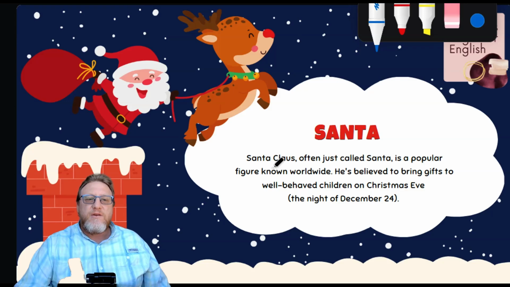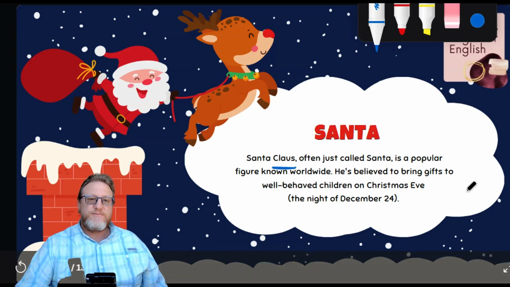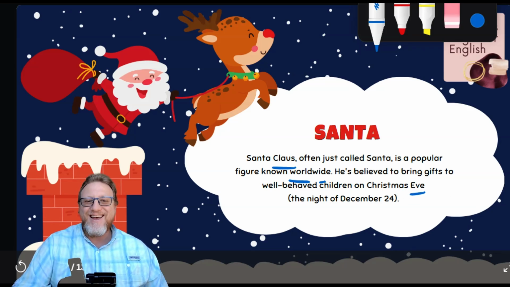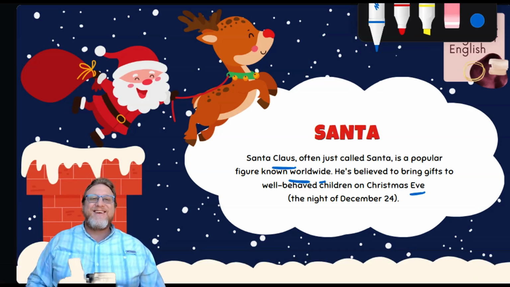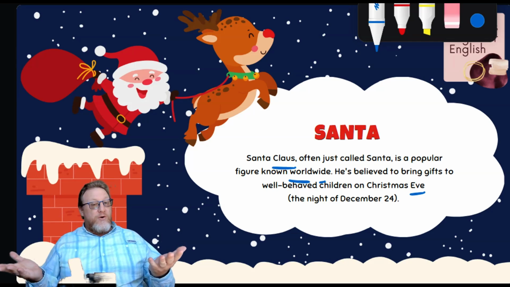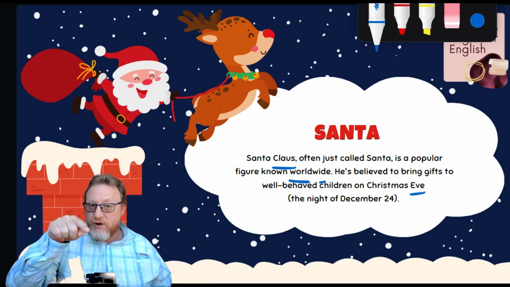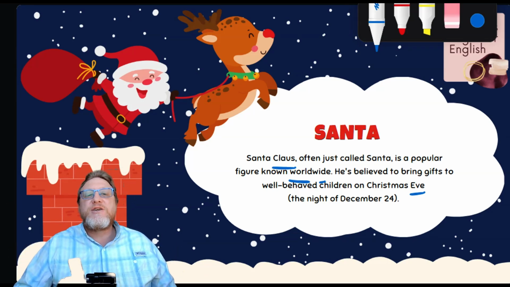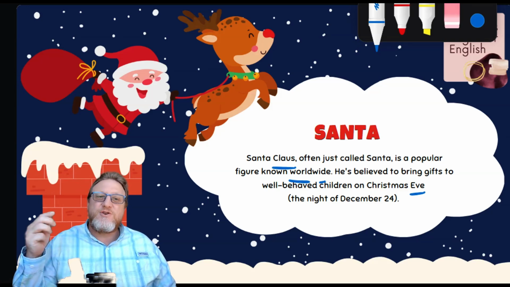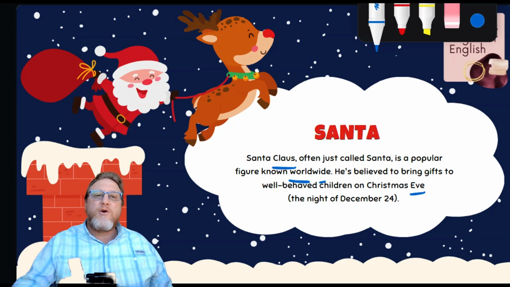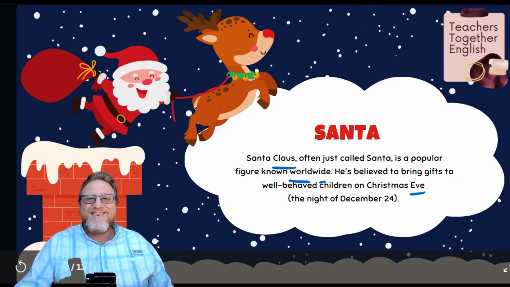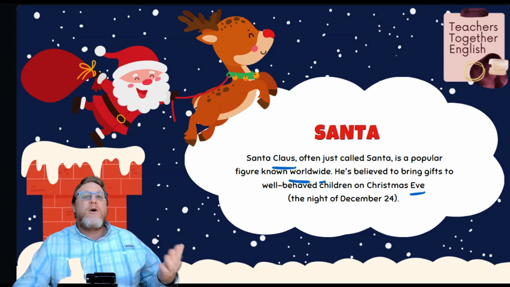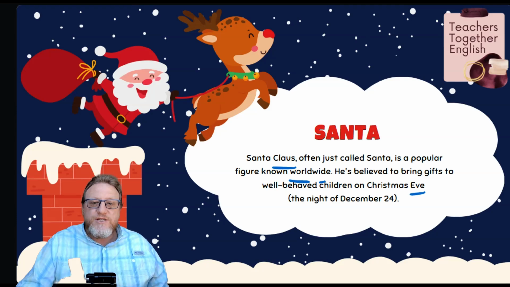Like this, Santa Claus worldwide. Yes. Good. So we want to encourage them to read, and then we can correct any pronunciation mistakes afterwards. Or wait 3 seconds if they're struggling on a word to give them the correct word. Very good. We can also ask open-ended comprehension questions.